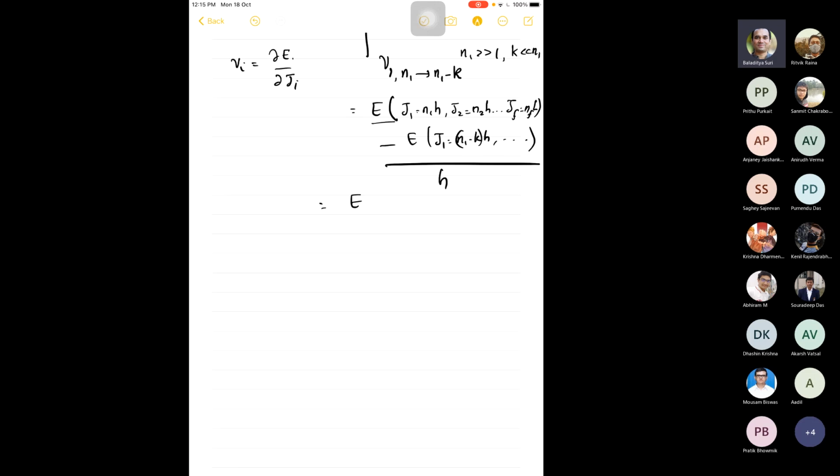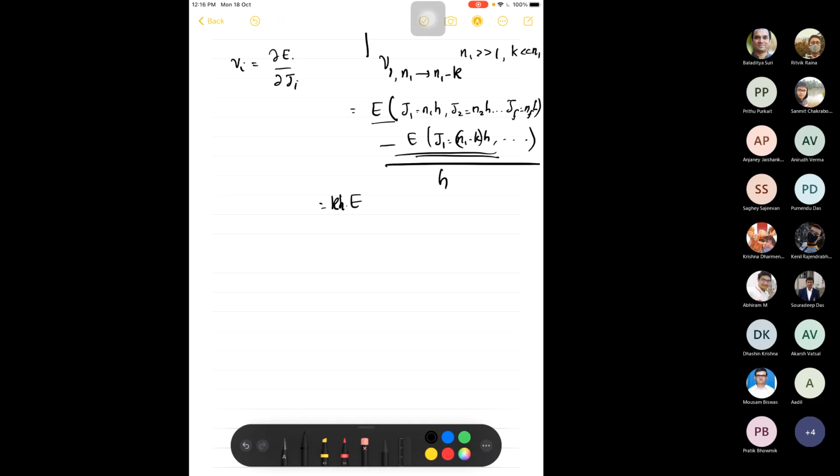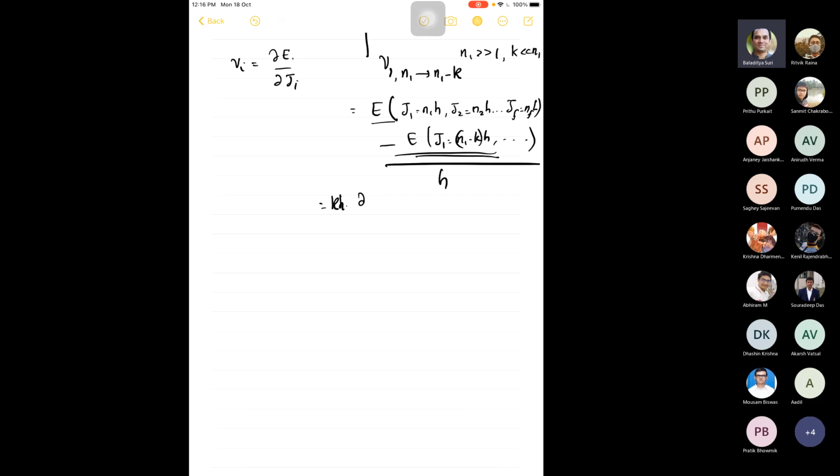This is the definition for very small. If you do a Taylor expansion of the second term, it just becomes K H times delta E by delta J1, divided by H. If you cancel this, it becomes K times delta E by delta J1.